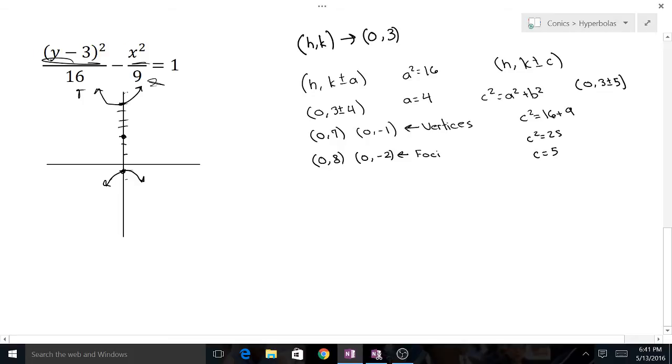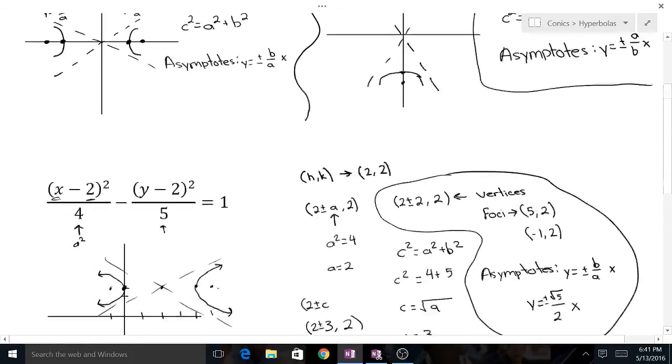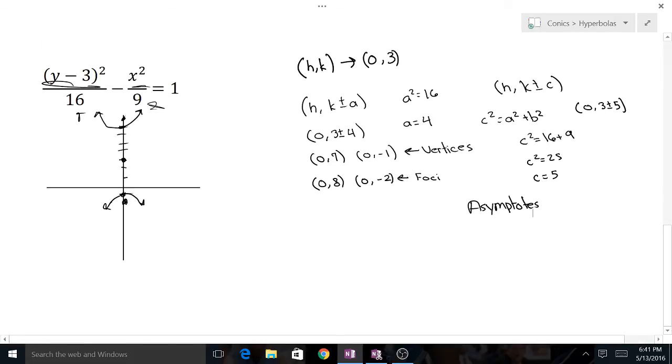So let's draw those points in. That's (0, 8) and (0, -2). So now we have all those aspects of the graph, and the last thing we need to do, of course, is asymptotes. And remember that in this one, we've got to look back at our formula. It's not going to be b over a, it's actually going to be a over b. So just make sure you can memorize those and look back at the formula sheet if you need to.